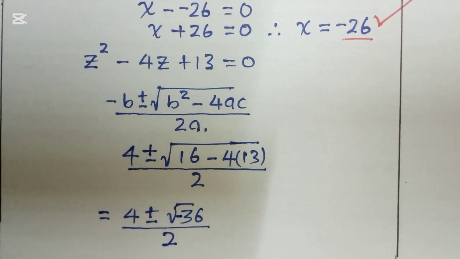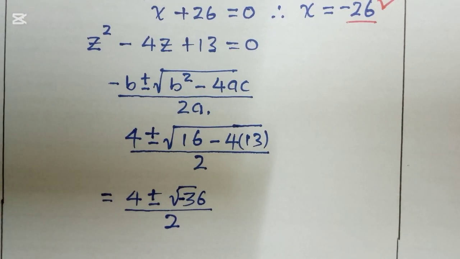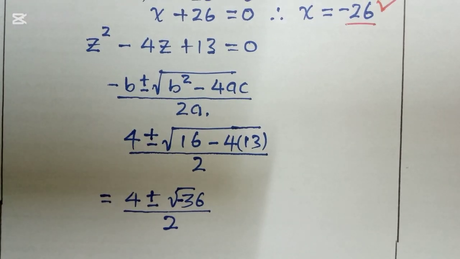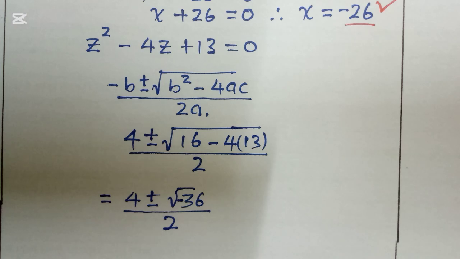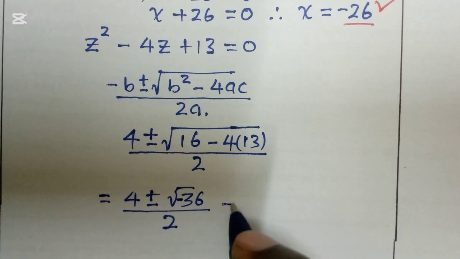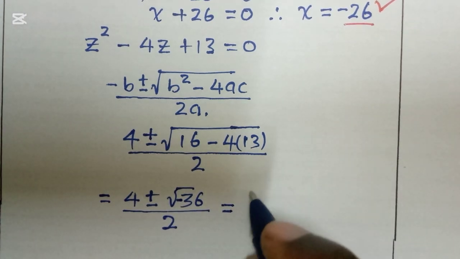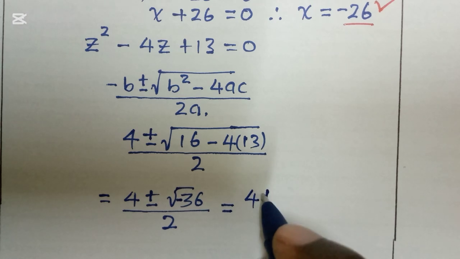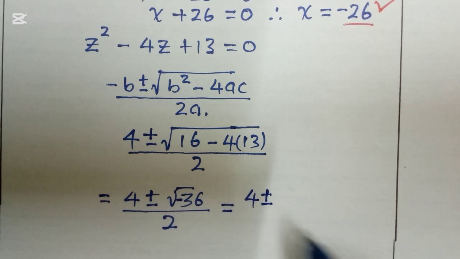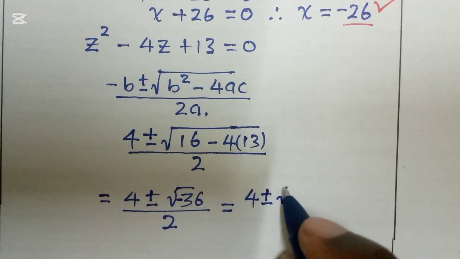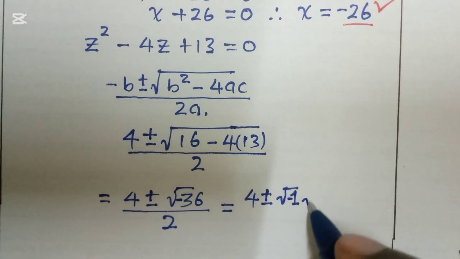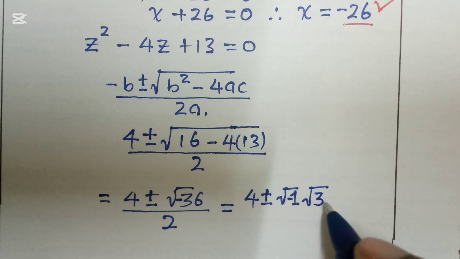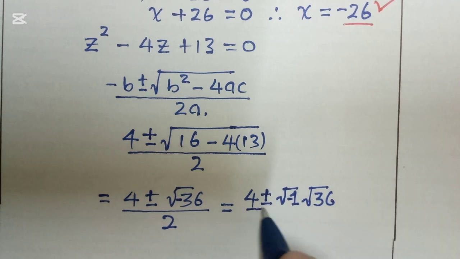So guys, that now brings us to the question of this number being now a complex number. And so this is going now to be 4 plus or minus, you say square root of negative 1 times square root of 36. So that is how that number can be written.